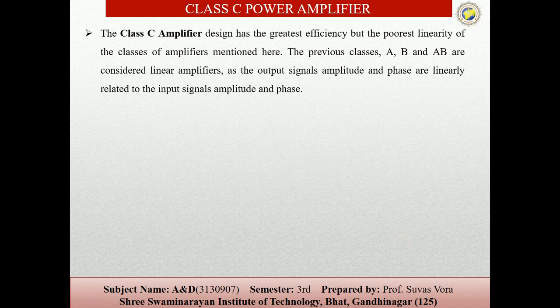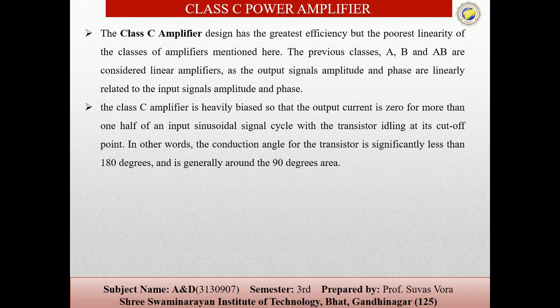Then the class C amplifier is designed for the greatest efficiency but the poorest linearity of the classes of amplifier mentioned here. The class C is heavily biased so that the output current is zero for more than one half cycle of the sinusoidal cycle.